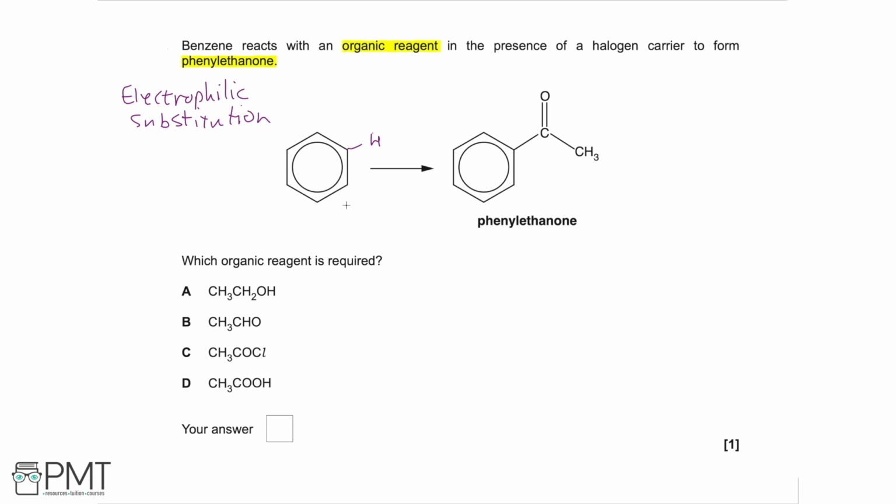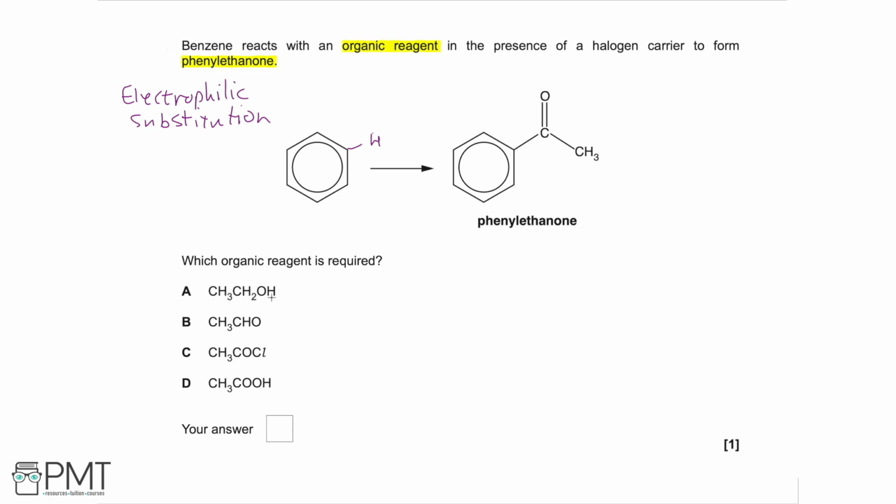This is part of the syllabus earlier on, in comparison to cyclohexatriene. Benzene is much more stable than that, and that comes from this delocalized ring system. So we need to think about which of these options, which of these reagents is going to be able to form a positively charged cation.